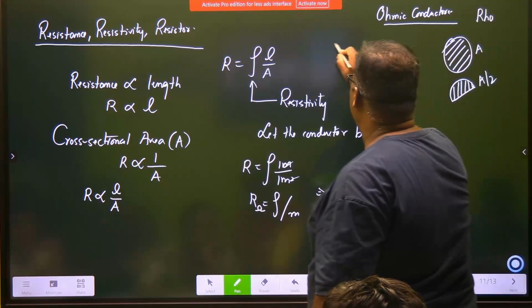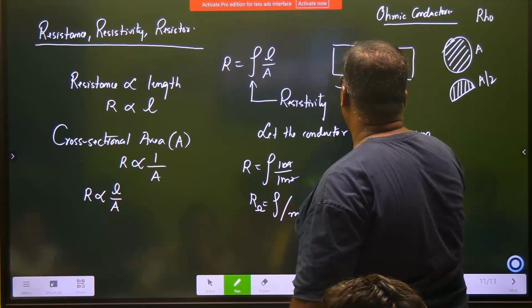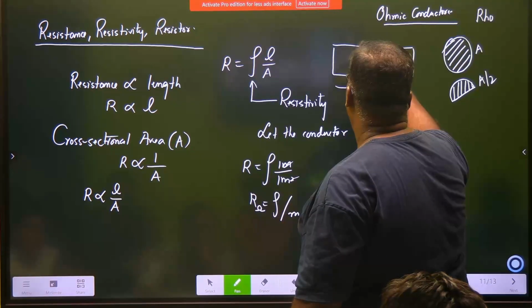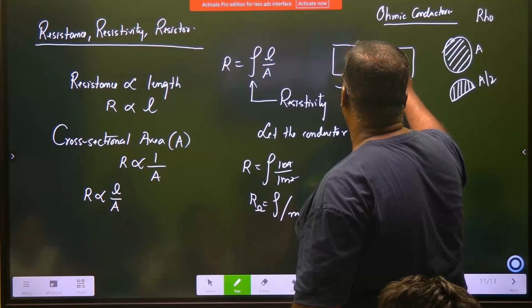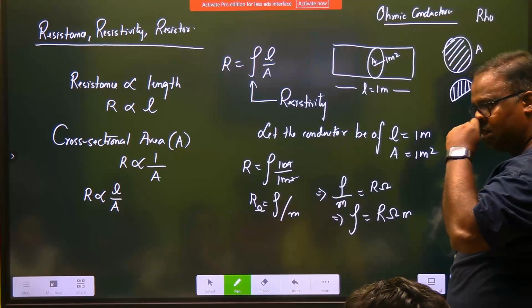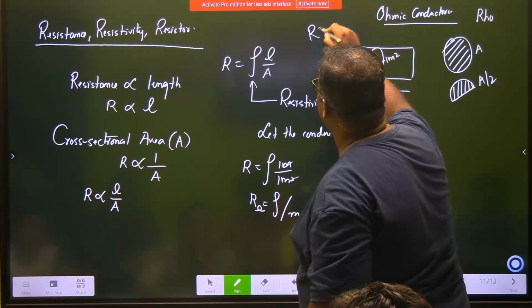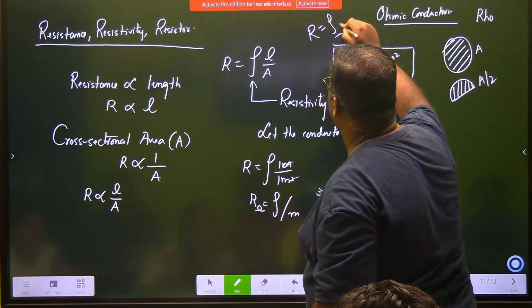If I would have manufactured a piece of copper such that its length is equal to 1 meter and its cross-sectional area A is equal to 1 meter square, have I not given one geometry? Yes. This geometry will have some resistance. This resistance is equal to the resistivity of copper.